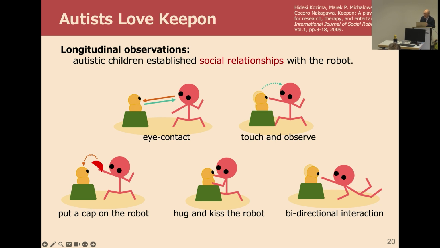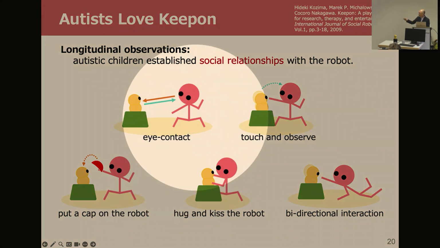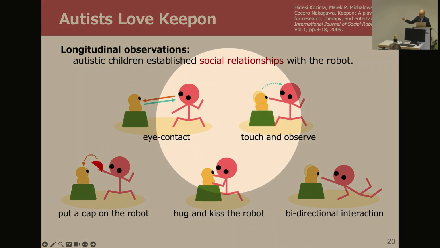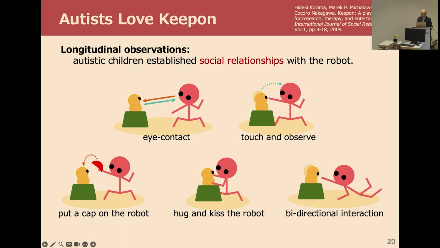But generally speaking, ASD children usually avoid interacting with real people, but with Keepon they enjoyed social interaction. So for the first few months, they did eye contact and then touched it and observed its response. It's a small start.